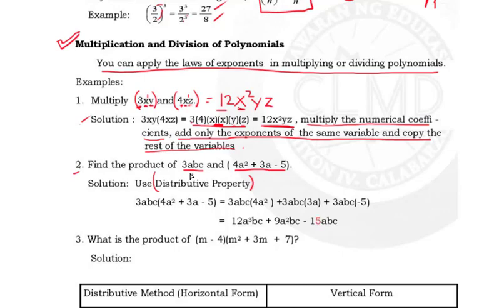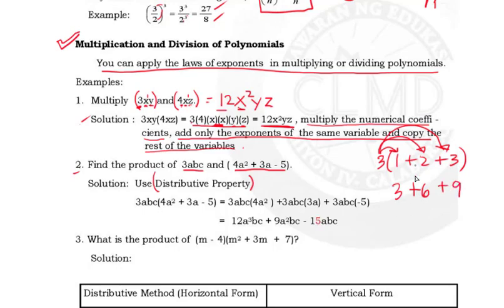The distributive property is done by multiplying a factor to each term of the polynomial. For example, we have 3 times the quantity 1 plus 2 plus 3. Applying the distributive property, multiply 3 by 1, which is 3, then 3 times 2 is 6, and 3 times 3 is 9.